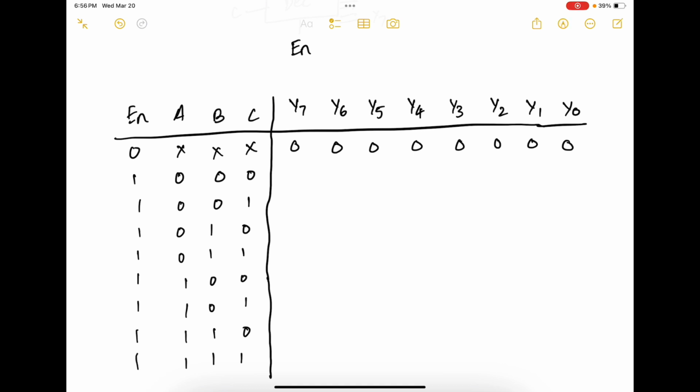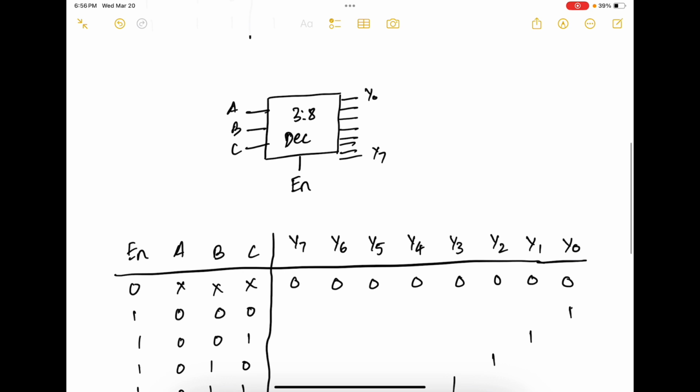When it is 0 0 0, that is when A, B, C are 0 0 0, line 0 is activated, followed by line 1, line 2, line 3, line 4, line 5, line 6, and line 7. So this is how a 3 to 8 decoder with enable signal functions.